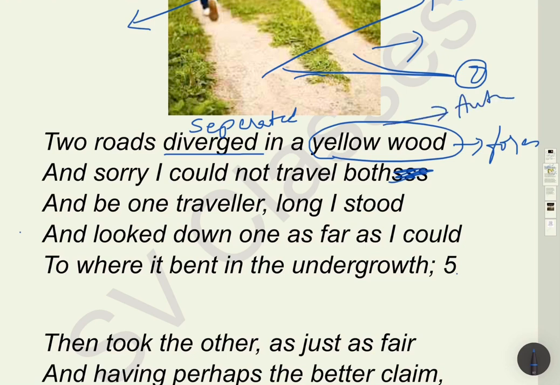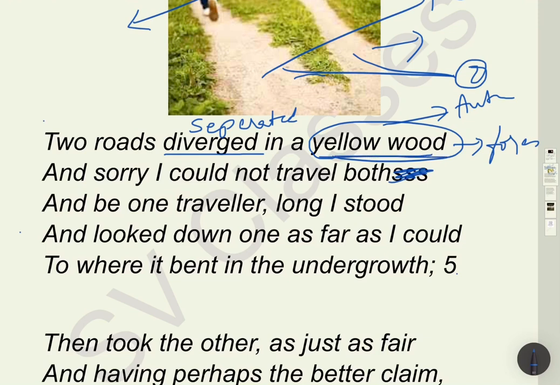It is the season of autumn where the leaves used to be yellow and fall down and the new leaves used to grow. So autumn also symbolizes a season of hope, that you must have heard in a very popular saying that after every night there is a bright morning. Similarly, there are words which are very significant in this poem. Two roads diverged in a yellow wood.